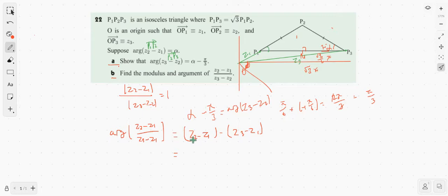Then we know we set the argument of Z2 minus Z1 as alpha, and the argument of Z3 minus Z2 as alpha minus pi over 3. Then this one becomes alpha minus alpha plus pi over 3. So you get rid of alphas, and the only number left over is pi over 3. This is the argument of this whole vector.